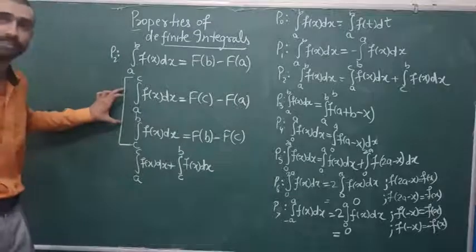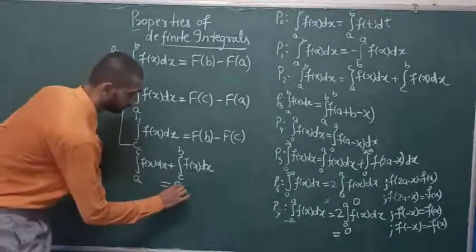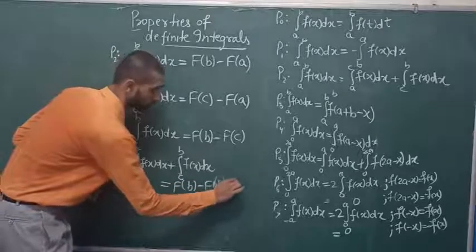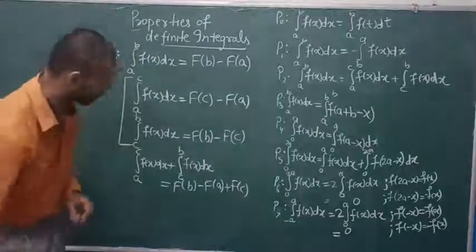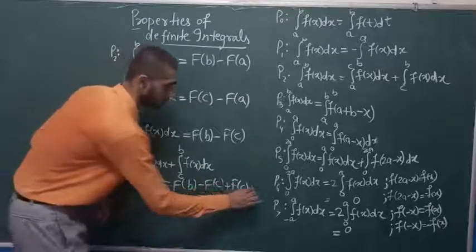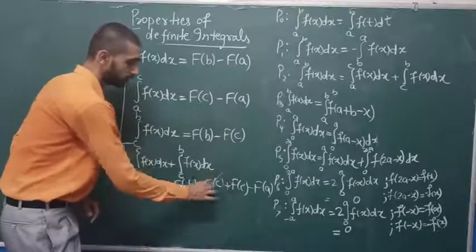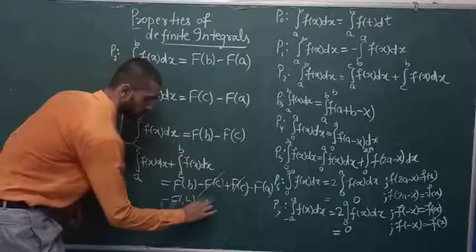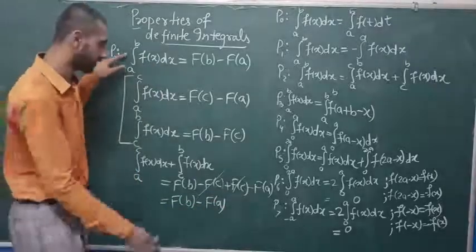These are the left hand side, addition of left hand side. It will give, these will cancel out, and from this you can see it will be equal to.